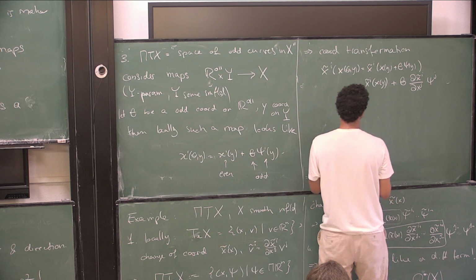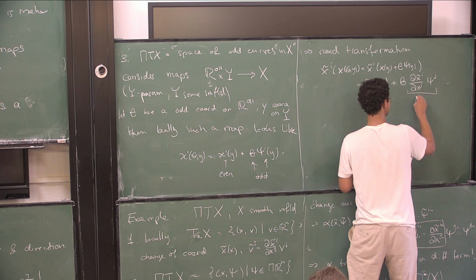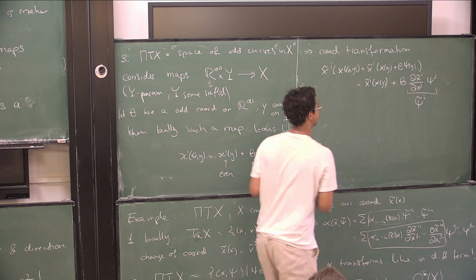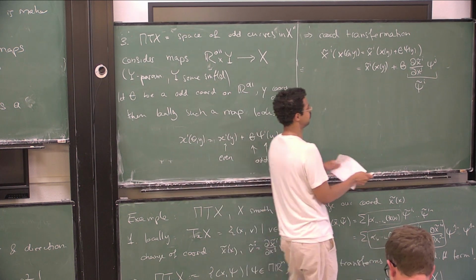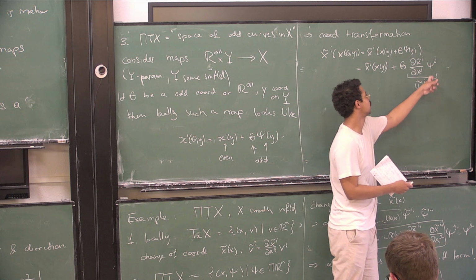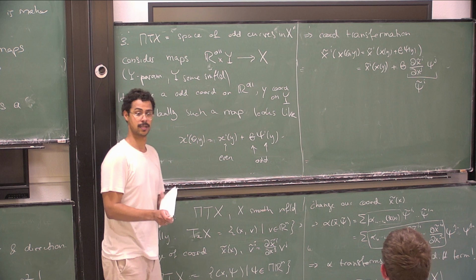Essentially what this means is that you can take this as your psi tilde^i, and almost by definition these psi's again transform like vectors.